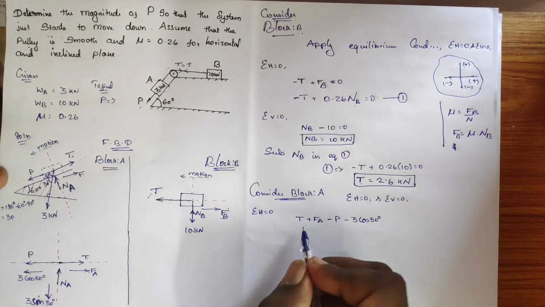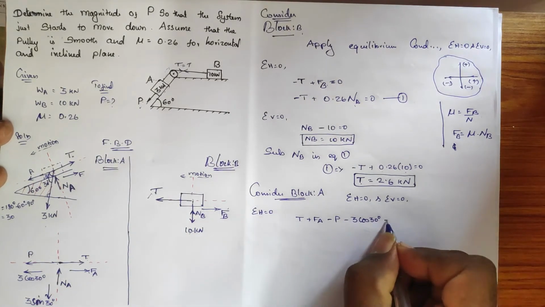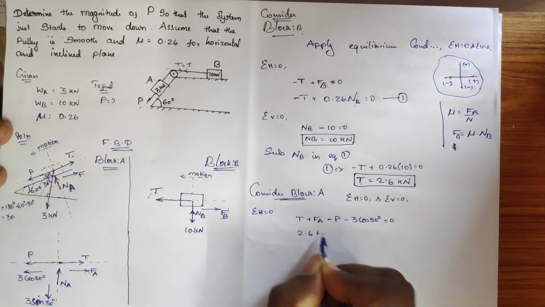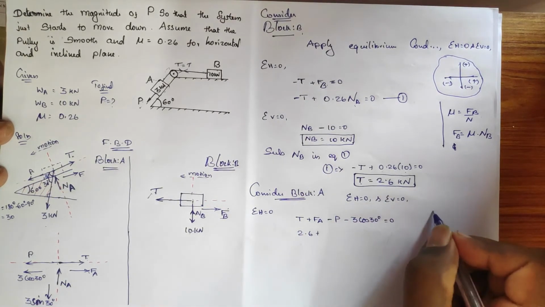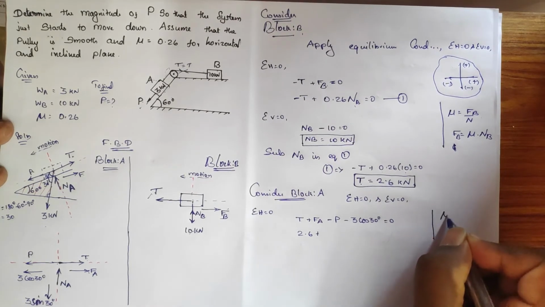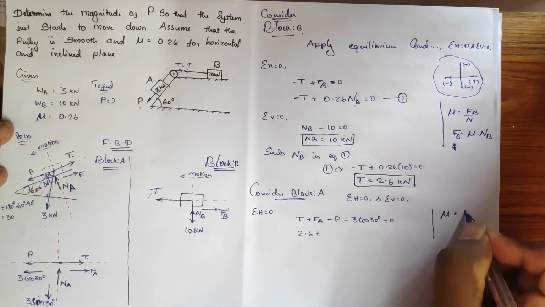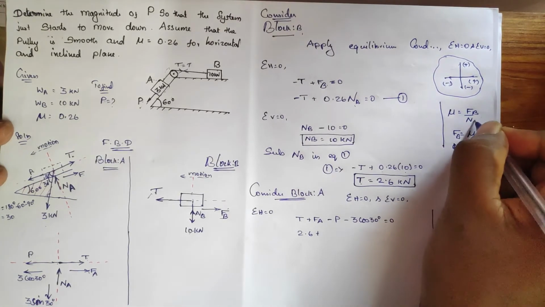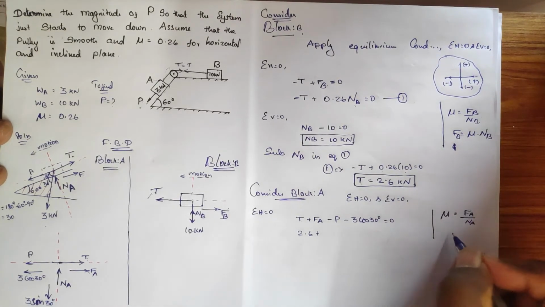So when you put it here, T is equal to 0.6 plus FA. So here we shall calculate it, mu is equal to FA divided by NA. Here is NB.